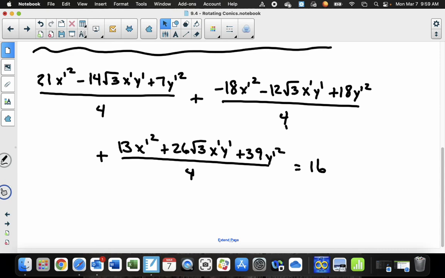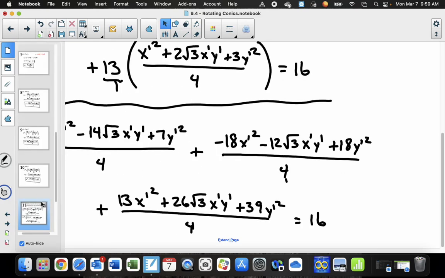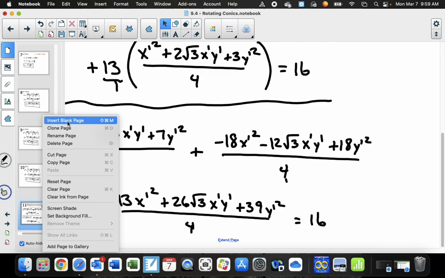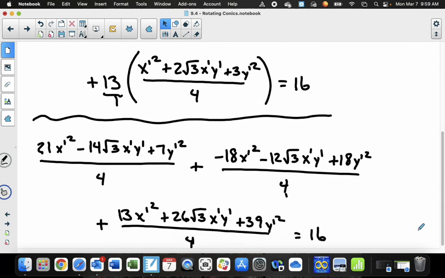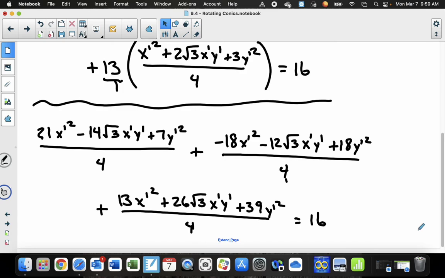Okay. Now we start cleaning things up. We're almost there. There's a lot of things that would be really nice to clean up. The simplest one is let's get rid of the fractions. What do we do in order to get rid of the fractions? Just clear and multiply everything by 4. Don't forget the 16 on the other side of the equation.